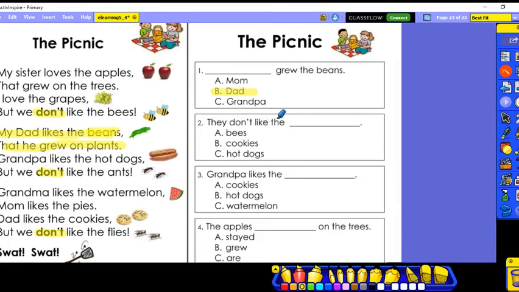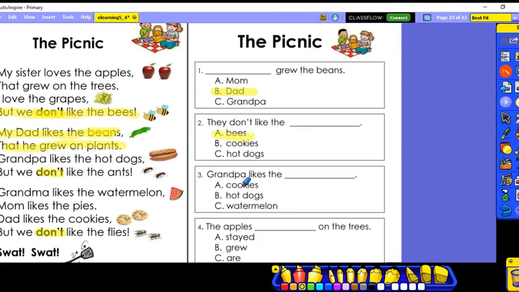Number 2, they don't like the bees, cookies, or hot dogs. Every time, at the very end, they said what they don't like. But we don't like the bees, but we don't like the ants, but we don't like the flies. So which one do they not like? Bees, cookies, or hot dogs? And right here we see it says, but we don't like the bees. So we know the answer is A, bees.